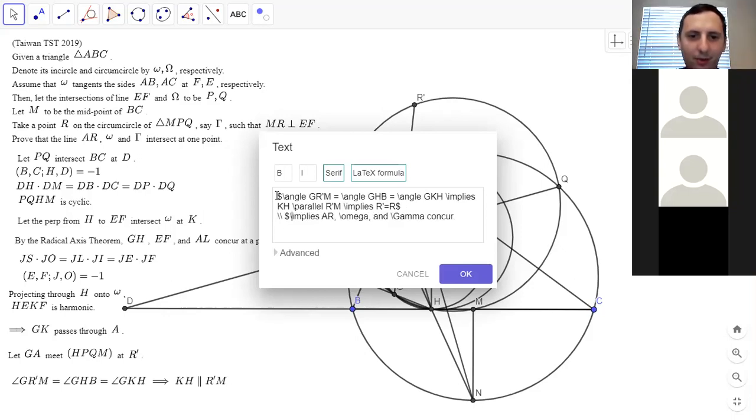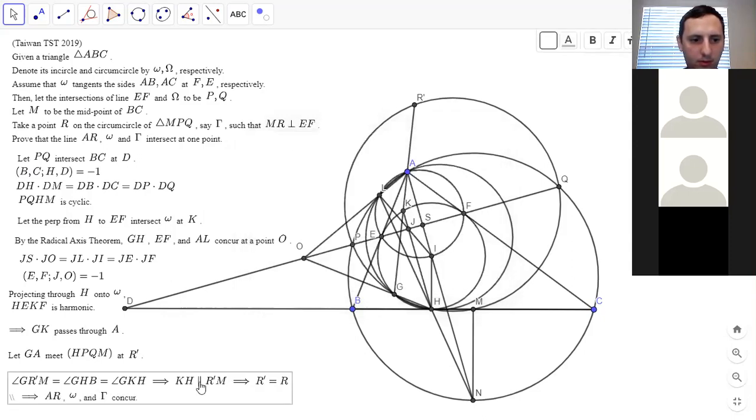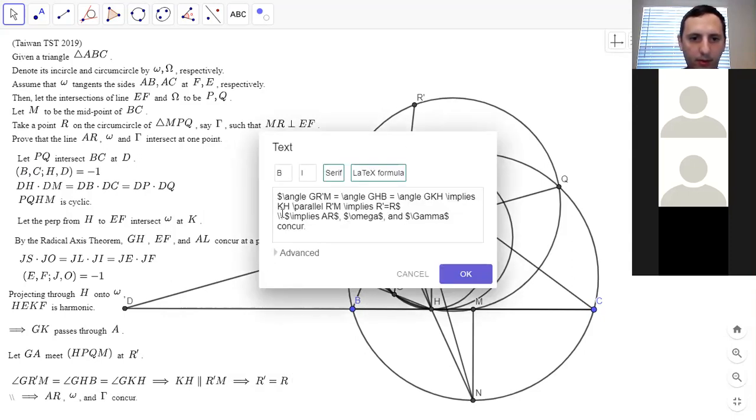I like we used a lot of harmonic stuff. Harmonic quadrilaterals, and then we used this identity about harmonics twice. All right. I think I can get rid of this right here.